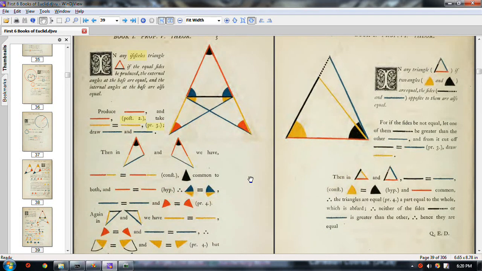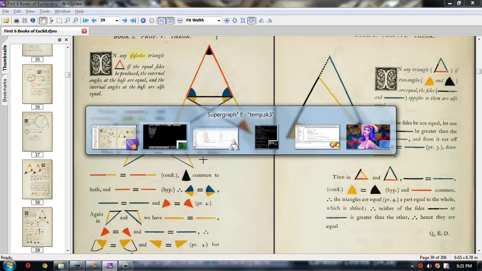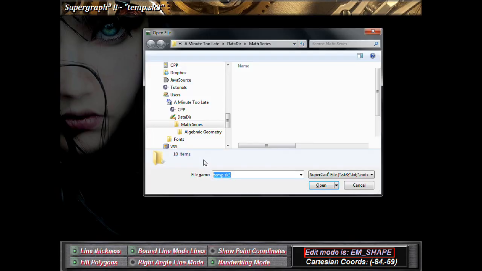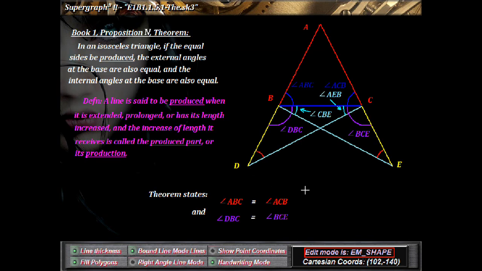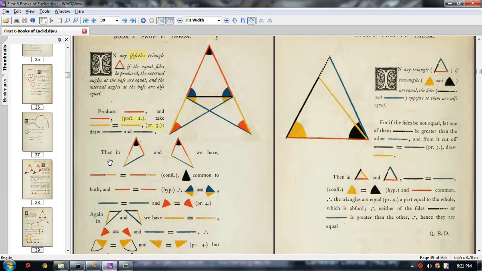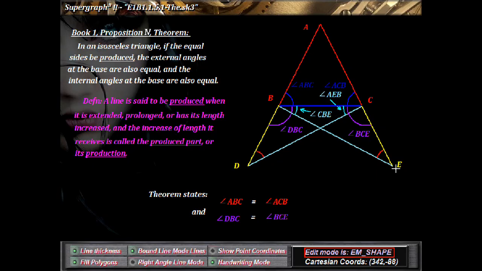All right. Now in the figure, we have these things, and we're trying to prove that these angles and these angles are the same on both sides. Symmetry is not a valid argument. And we also draw these blue ones.